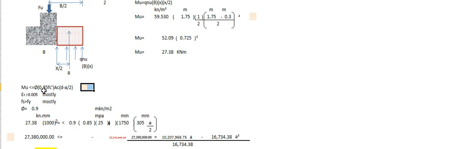Use this formula to calculate A: ultimate moment is equal to or less than phi times 0.85 times Fc times A times D minus A over 2, where the strain of concrete is greater than 0.005, Fs of steel is greater than Fy, and phi is 0.90.